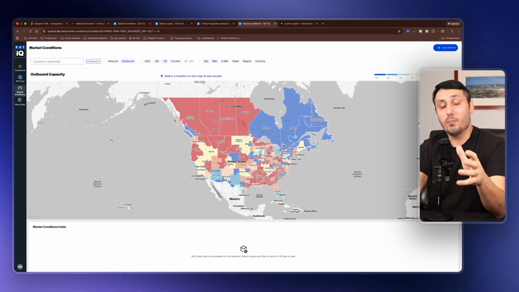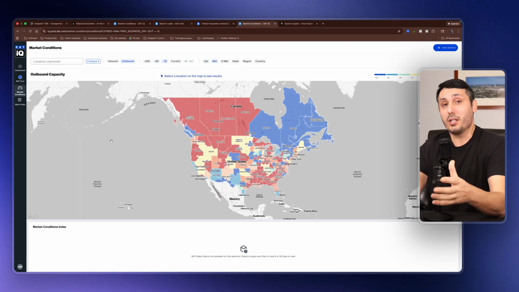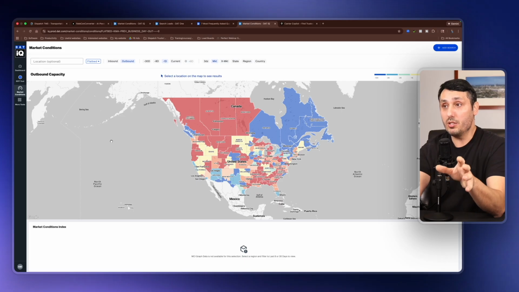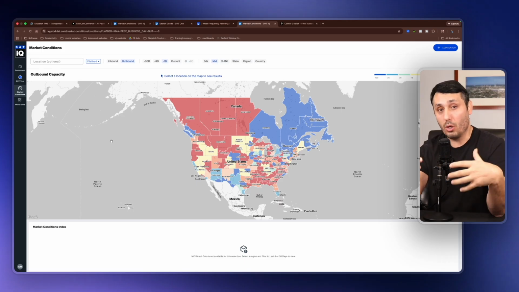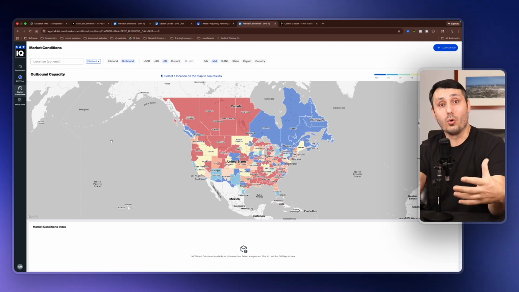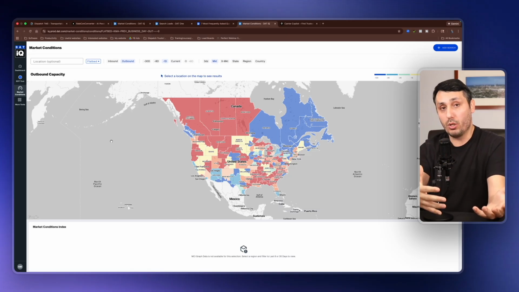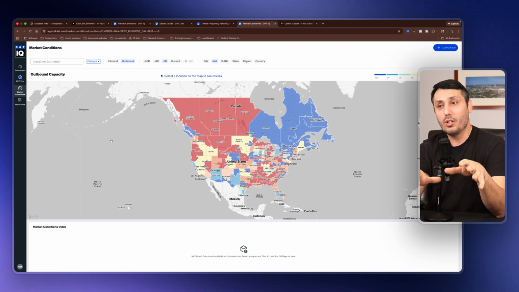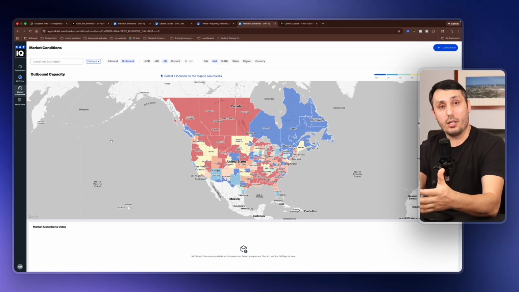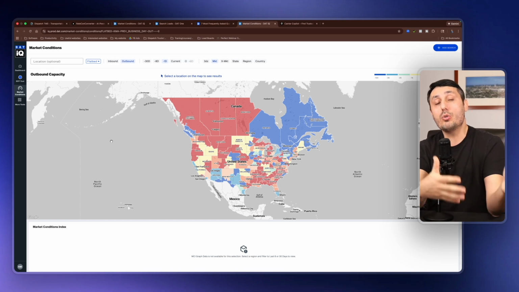Now that we have a basic understanding of how to use market conditions, and we know these basic filters, how to pull the best paying lanes or the data that will help us pull those loads, I want to give you a use case, if you will. I'll give you an example. Let's say we have a truck located in Atlanta, Georgia, and that truck goes to Houston, Texas.